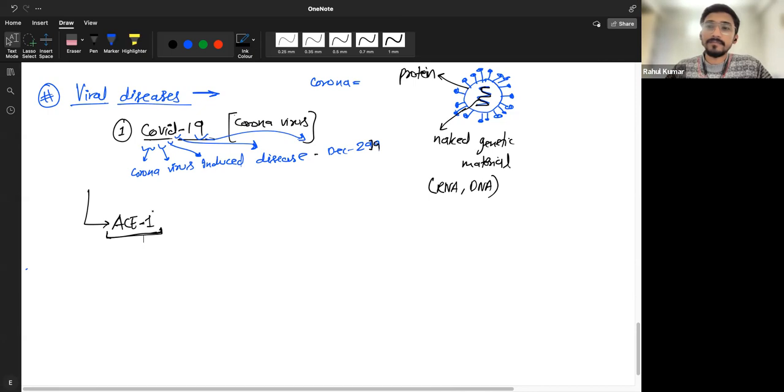Only with time, in the coming 5, 6, 7 years, we will get to know whether even people who have recovered from COVID have really recovered forever or not. Many viral infections, when we recover from them, leave a mark, some kind of inability. We always have some symptoms. So people who have got COVID and recovered, what kind of long-term symptoms they may or may not have, we are not clear about it.